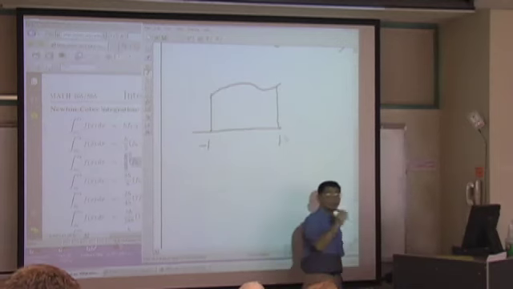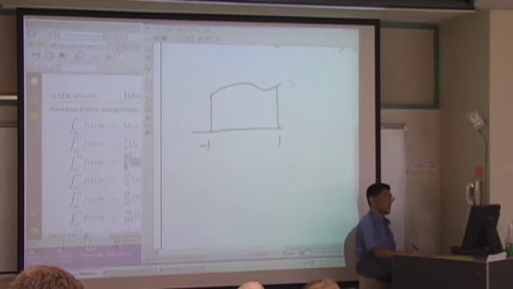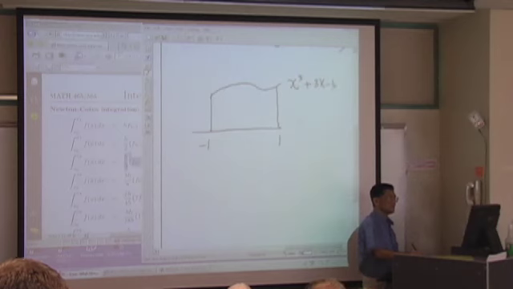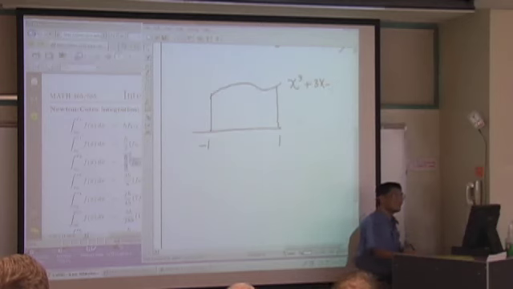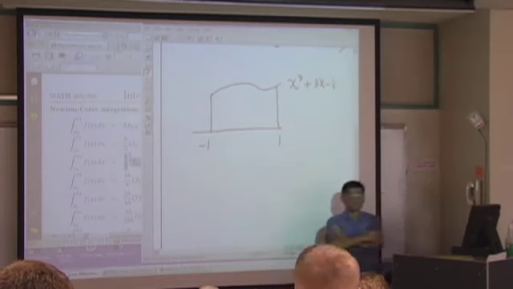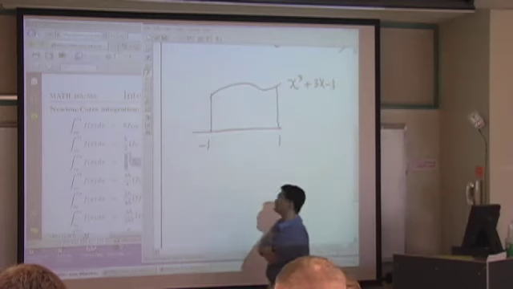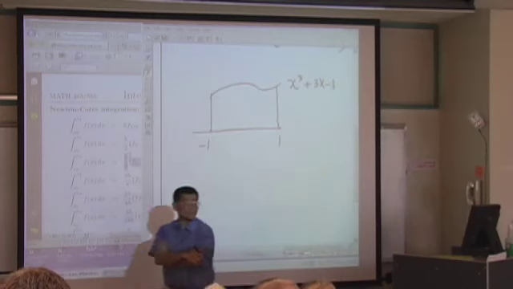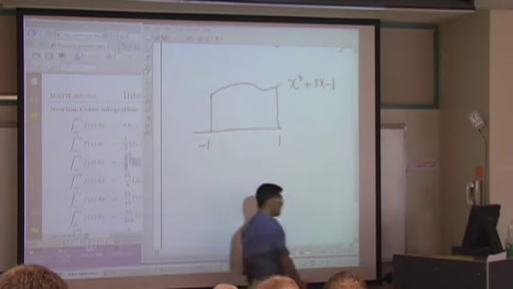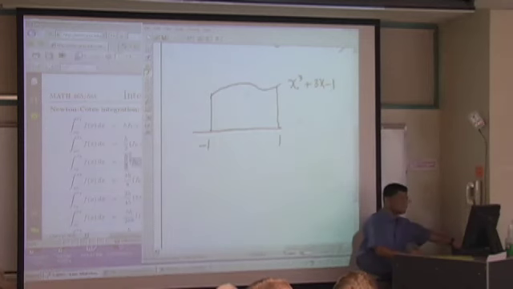And the function could be, for instance, x cubed plus 3x minus 5. Minus 5 is not great. I don't want to use big numbers. Minus 1 might be okay. So this is a function we want to integrate. Then I will break this up into very thin pieces.